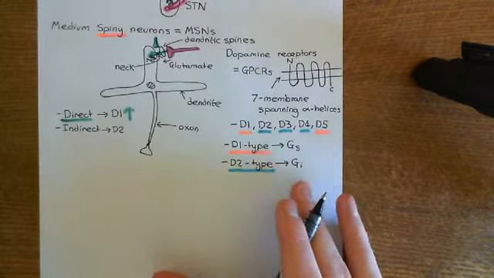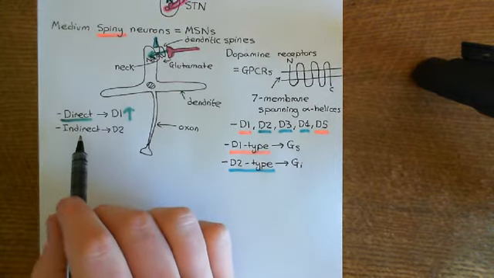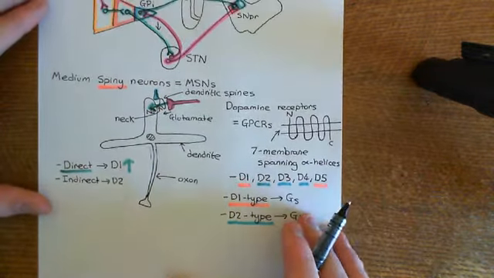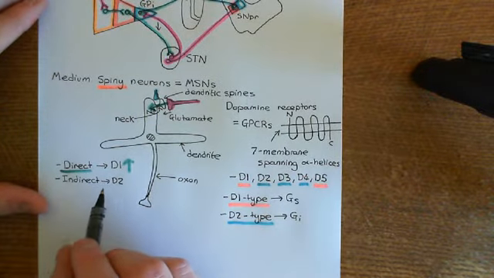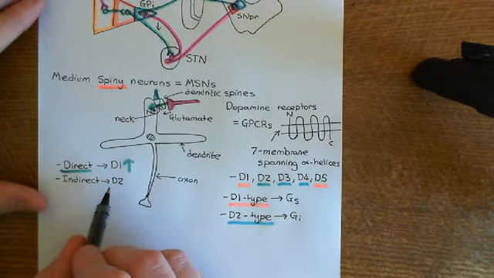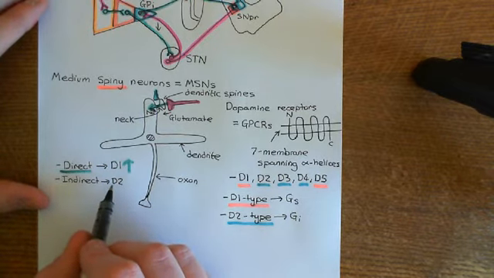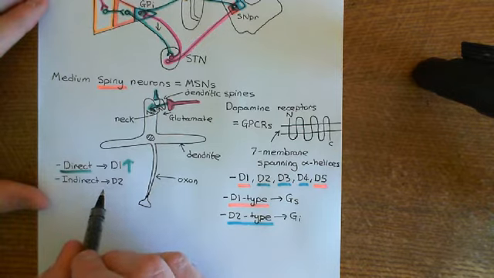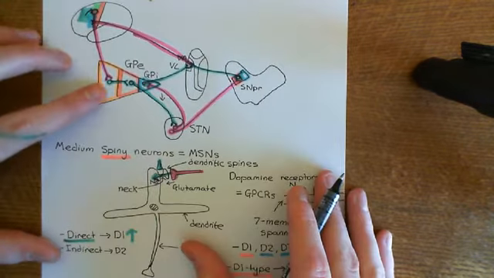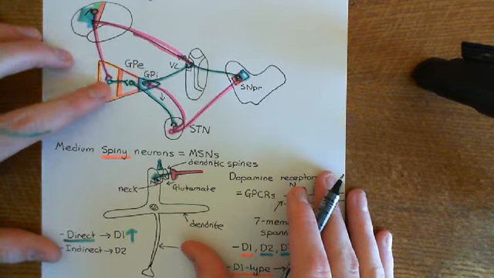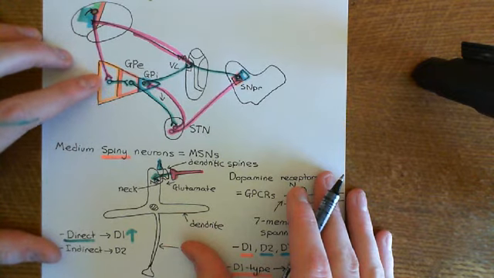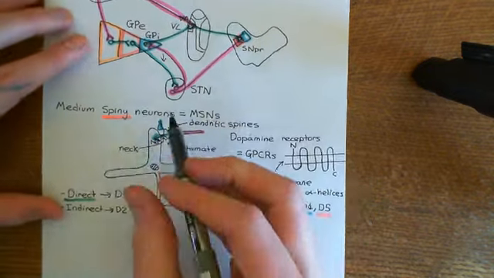In addition, what is dopamine going to do on the indirect pathway? Well, dopamine is going to activate D2 receptors on the indirect pathway neurons. What these are going to do is desensitize the indirect pathway medium spiny neurons to glutamate. Remember, the indirect pathway medium spiny neurons will also have cortical projections releasing glutamate onto them.